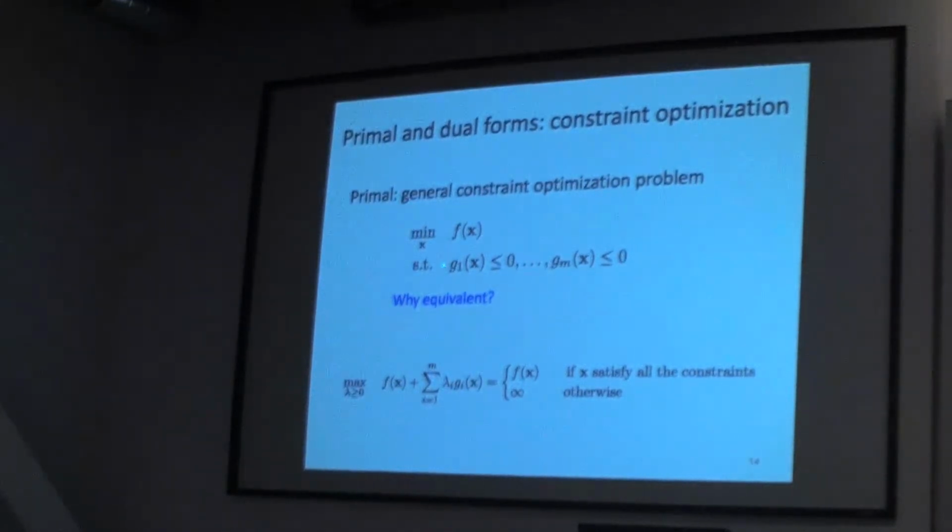Suppose x violates the first constraint, meaning that g1(x) is bigger than 0. We multiply lambda 1 with g1(x), and g1(x) is positive. Lambda must be non-negative. Now we want to maximize this whole function. What kind of lambda 1 should we choose?